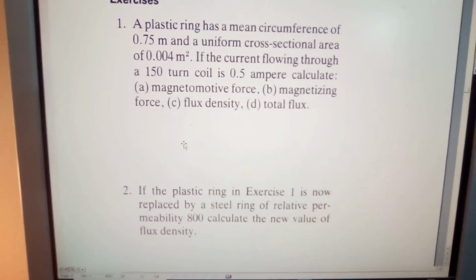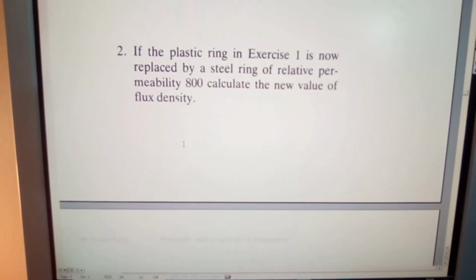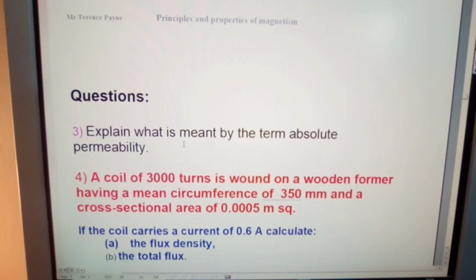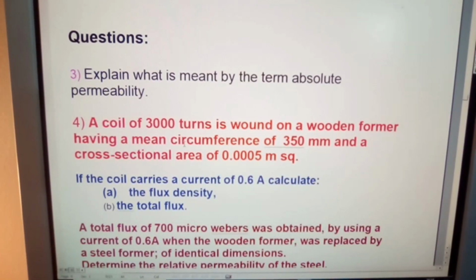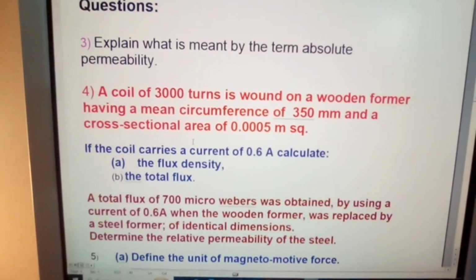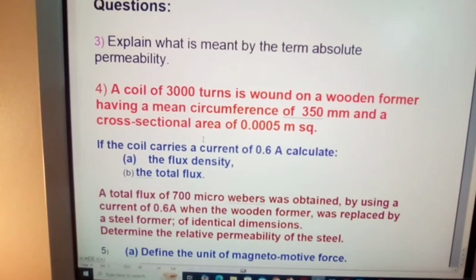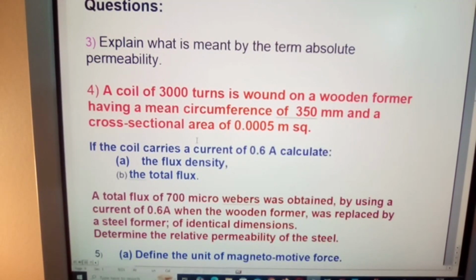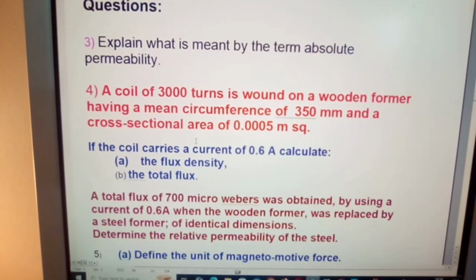And here are some exercises for you to be doing. Questions. Explain what is meant by the term absolute permeability. And here you have been given some work to do.